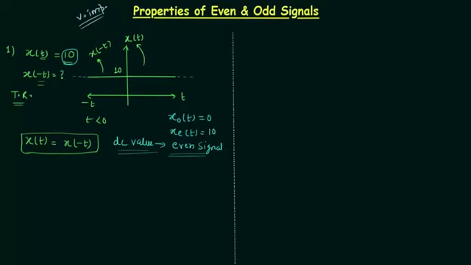We can also calculate the odd and even components by using their formulas. X et, the even component, is equal to 1 by 2 inside the bracket xt plus x minus t.